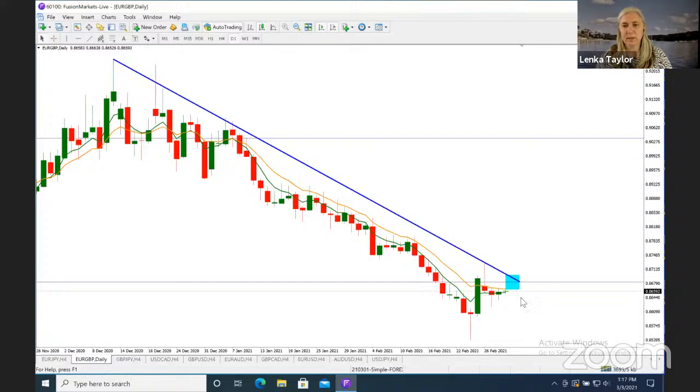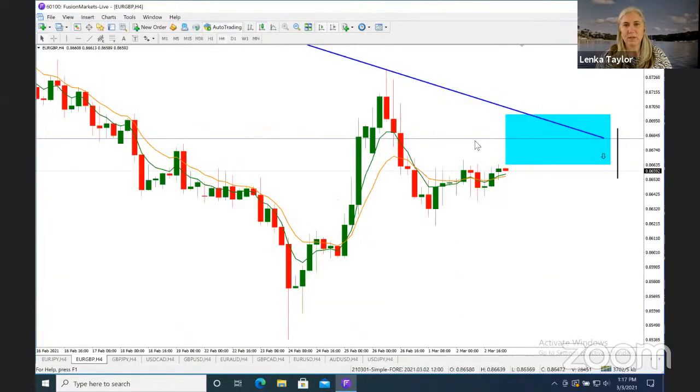So I'm still looking for price to go lower from that horizontal level. So I'm looking for a short, but entering on the H4 time frame. So the arrow here represents going short, and the aqua sort of box is where I would like ideally to see the price action reversal to happen.